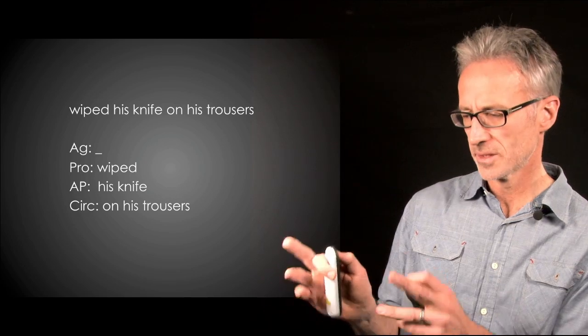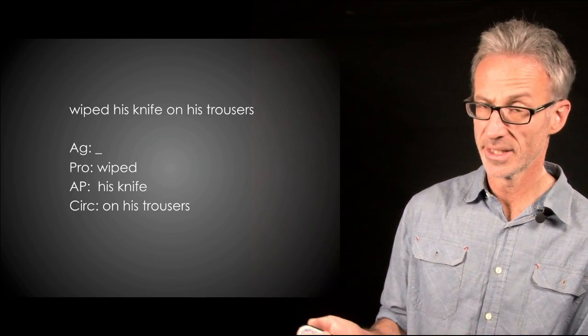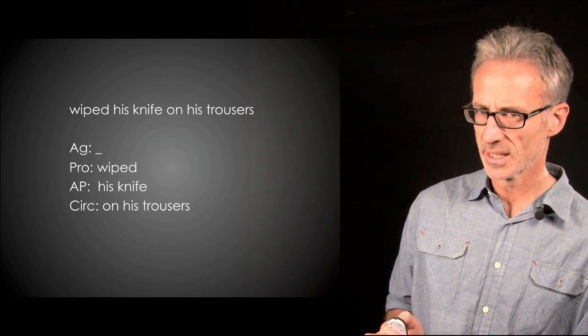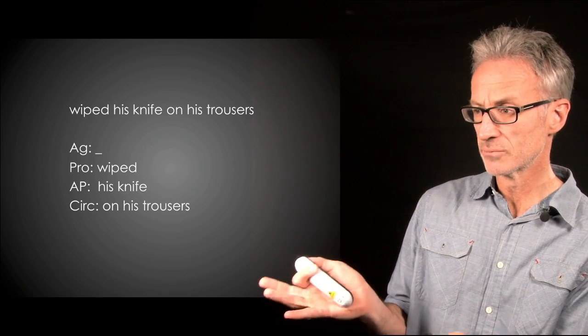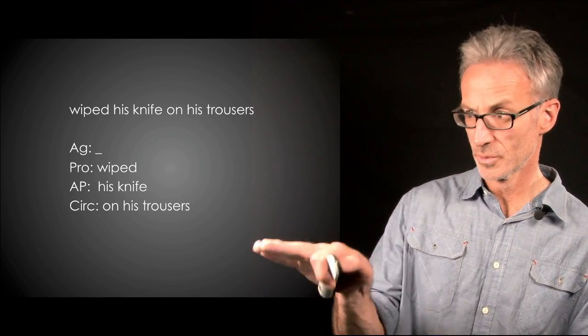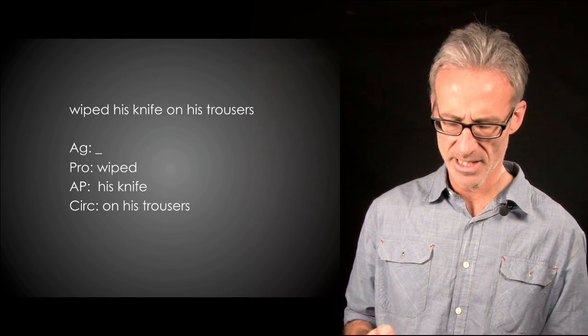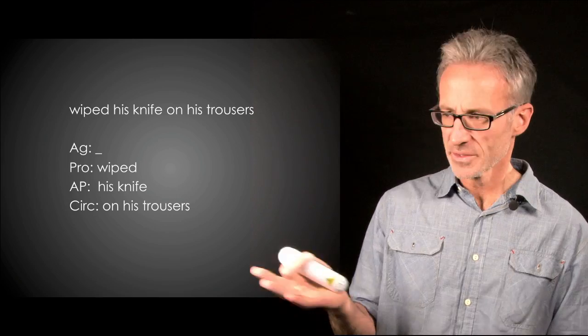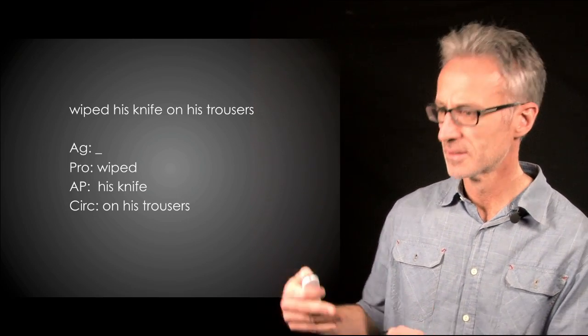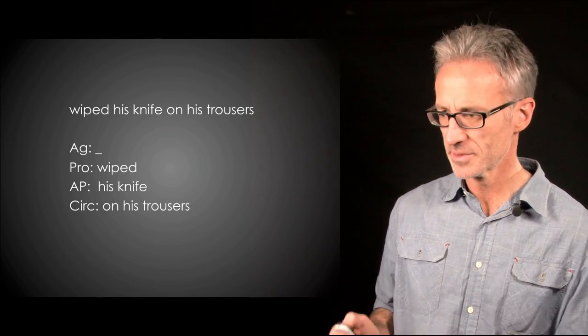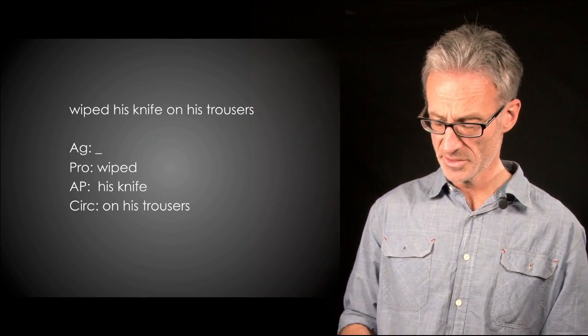If you liked, you could actually put square brackets around it and say he, or whoever the agent was in the last clause. It's kind of implied. But all you really have to do is do what I've done there. Leave it blank. Just leave an underscore there or leave it blank. Process there is wiped. The affected participant, his knife. The circumstance there, another prepositional phrase, on his trousers.